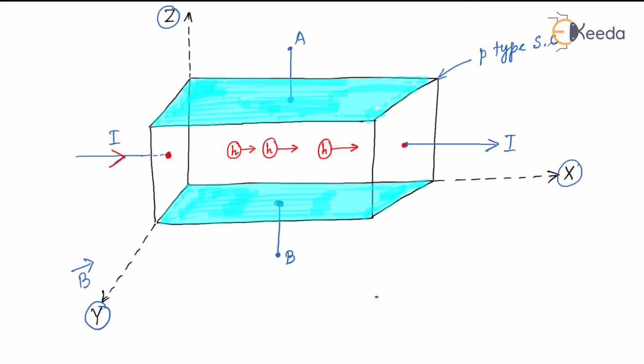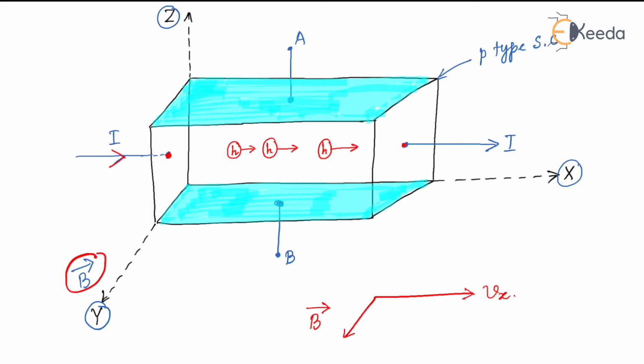That means we get a velocity of the holes in the positive x axis, denoted as Vx, and the magnetic field is applied in the positive y axis direction, that is, in the transverse direction. So, this is the direction of the magnetic field present inside the semiconductor.